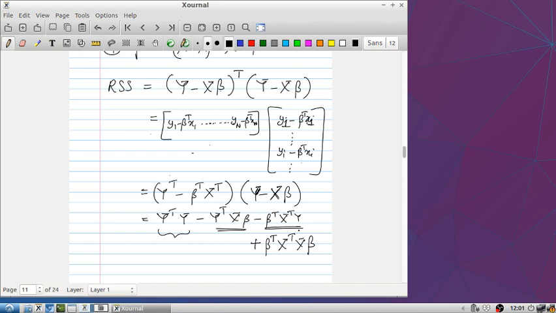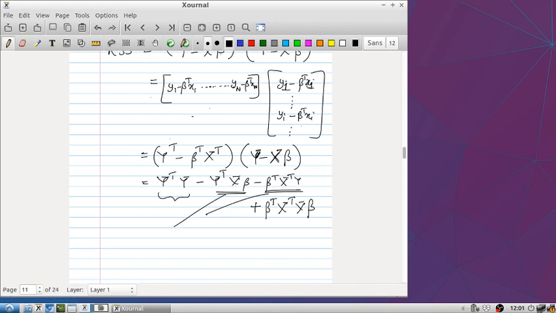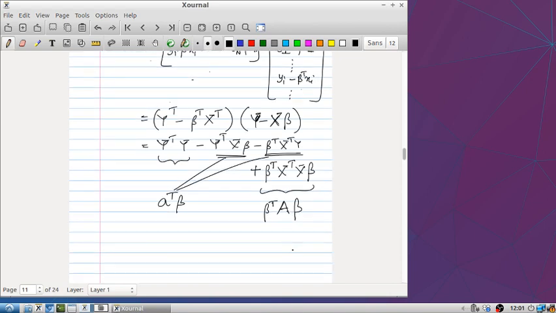What I'm saying is these 2 terms resemble something like A transpose beta. This term resembles something like beta transpose A beta, the matrix being X transpose X. I'm just replacing them by simpler symbols so we don't get confused.